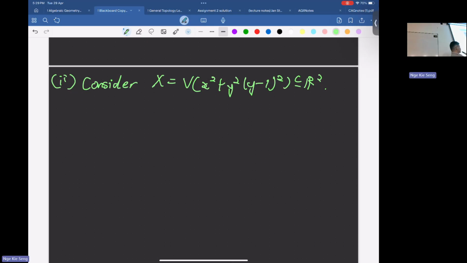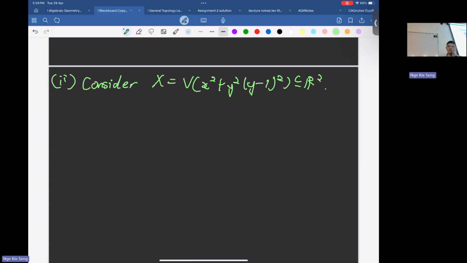How do you determine this zero set? You want to make this zero, but inside the sum, these are all non-negative numbers. So the only way to make this zero is to make the terms zero. To make x squared zero, you could only take x to be zero.